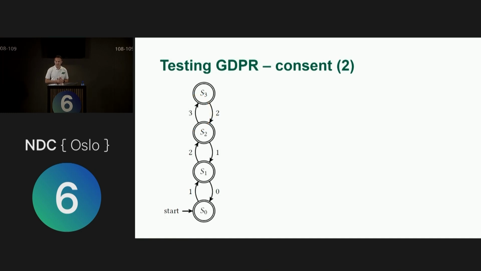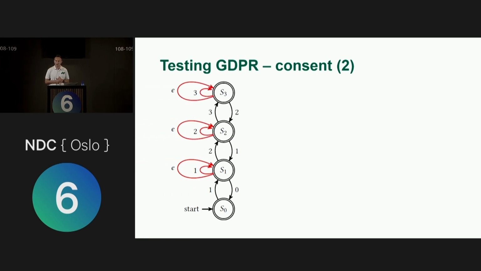Again, this is the same picture, but I now call the states S1, 2, 3 instead of S basis, basis plus, and S full. We said that this is a kind of positive model of the functionality, because the arrows mean calling the API with valid input, but we can also call the API with invalid input.